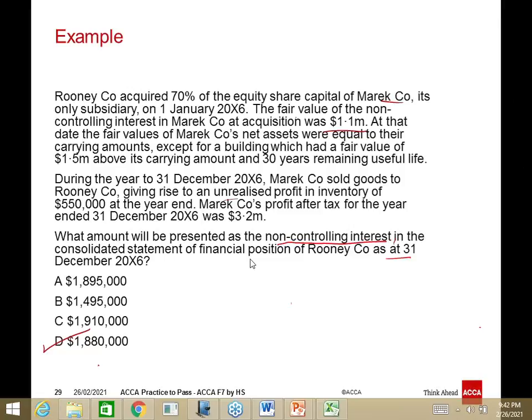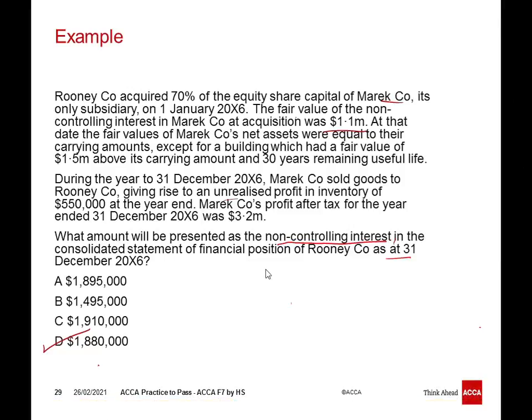So the right answer: first you need to know about the NCI at acquisition. This will be 1100. That's given here. The fair value of the subsidiary company's net assets were equal to their carrying amount with the exception of a building which had a fair value of 1.5 million above its carrying amount.